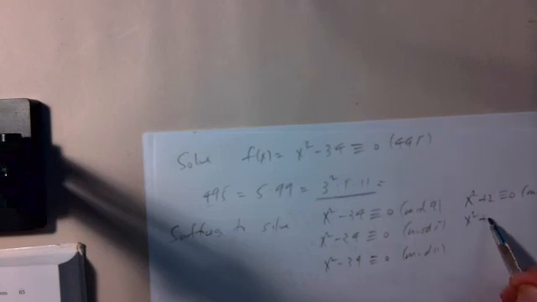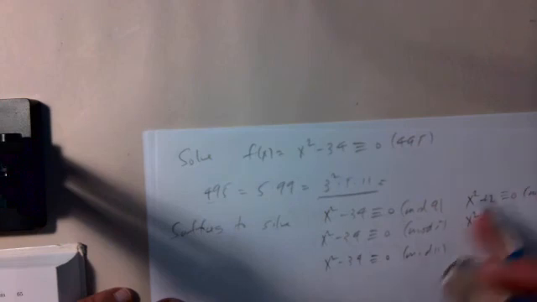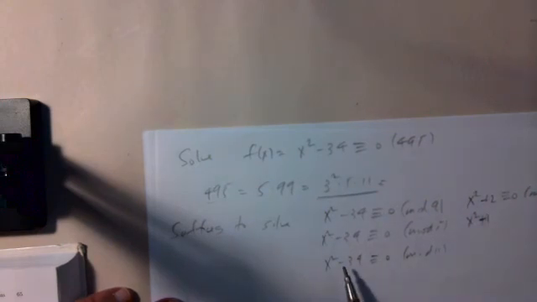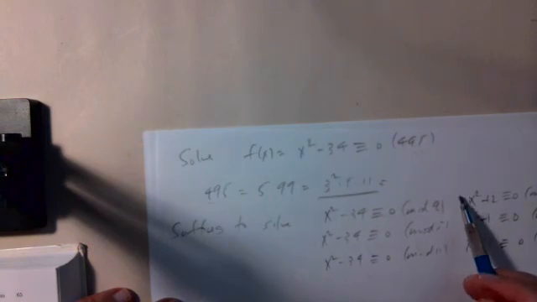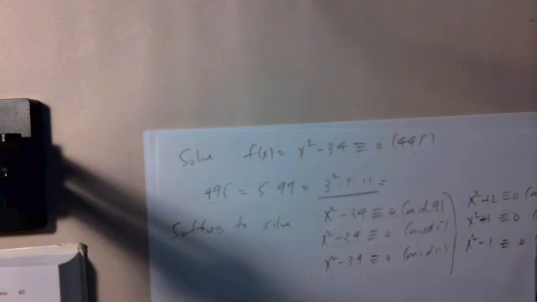This is the same as x squared plus 1, since 34 is minus 1, so minus 34 is plus 1. X squared plus 1 congruent to 0 mod 5. And 34 is the same as 1 mod 11. X squared minus 1 congruent to 0 mod 11. So this congruence is the same as this, this congruence is the same as this, and this congruence is the same as this.